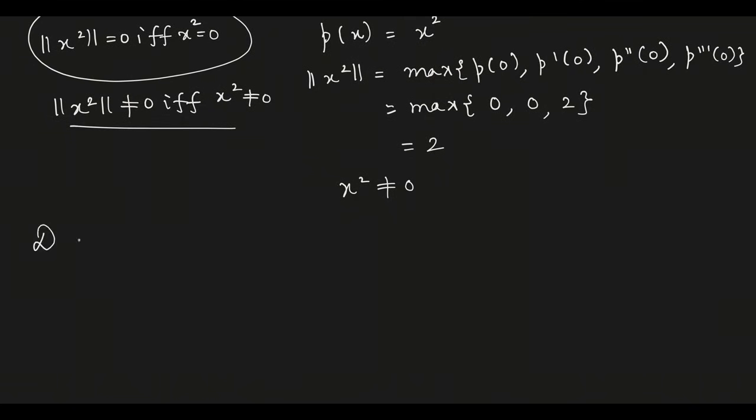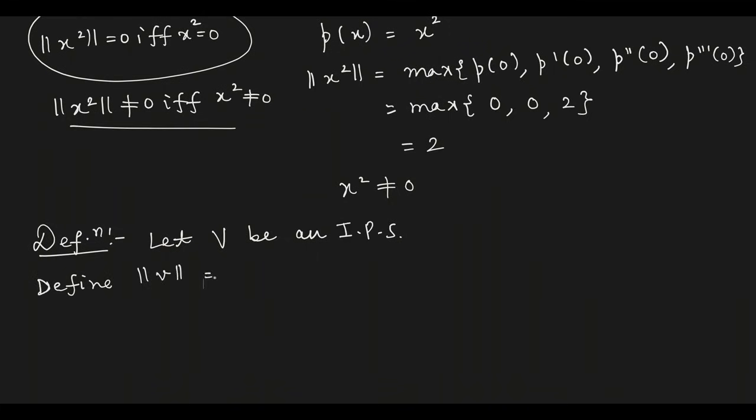Now next definition. Let V be an inner product space. Define norm of v. Norm of v also denotes the length of the vector. Now length means distance only, and distance is written by square root of inner product of v with v itself.